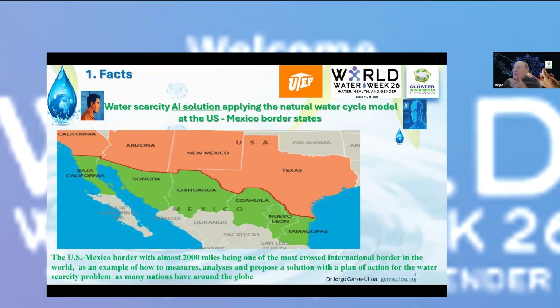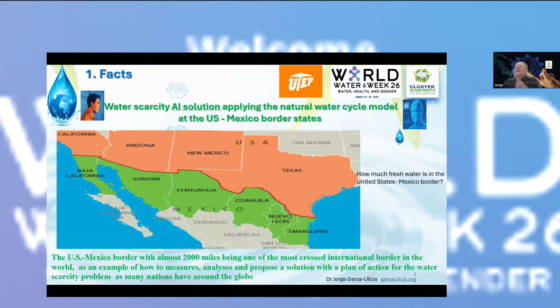At this time, I was watching the news about 5 minutes ago, and they say we expect some record hot temperatures in all the United States, even in Mexico. But the big problem that we have is that the population on the border could double in 10 years. Okay? It's growing a lot.